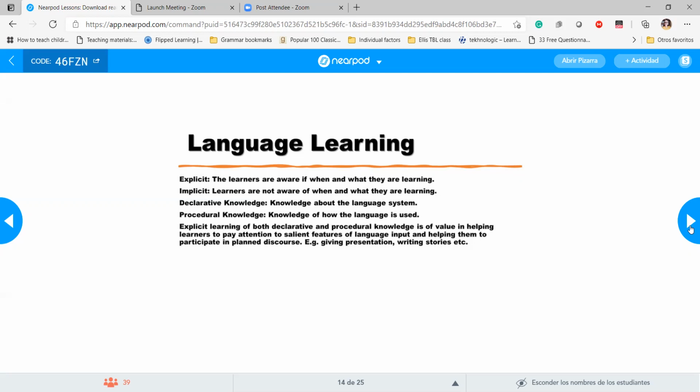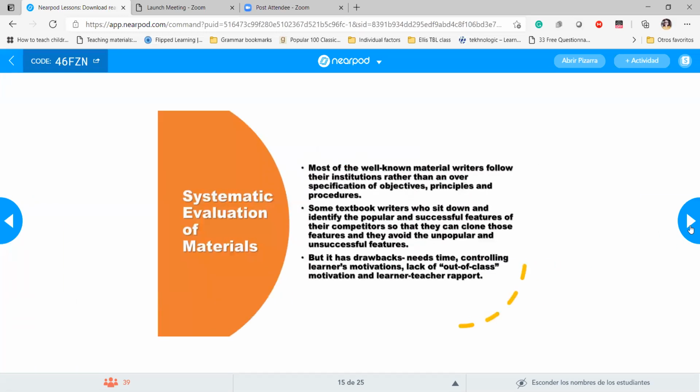So putting this together, an explicit learning of both declarative and procedural knowledge helps learners pay attention to features of the language, like input, and helps them participate in planned discourse. So in a way, when I do explicit teaching, I want to include both types. And the same happens when I do implicit language learning.